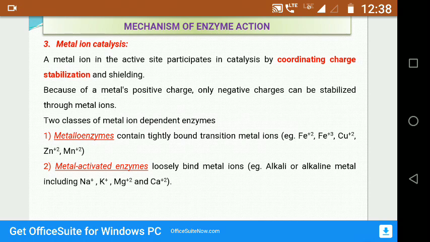So thereby they will decrease the activation energy of reactants. They will orient the substrate in such a way that the catalysis takes place precisely at the specific point. So orientation is also a very important point when we consider the reduction in activation energy.